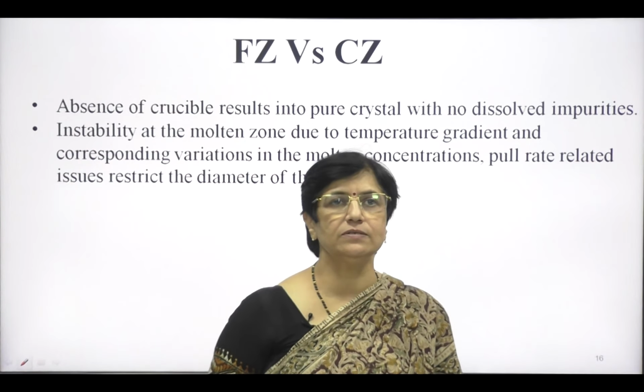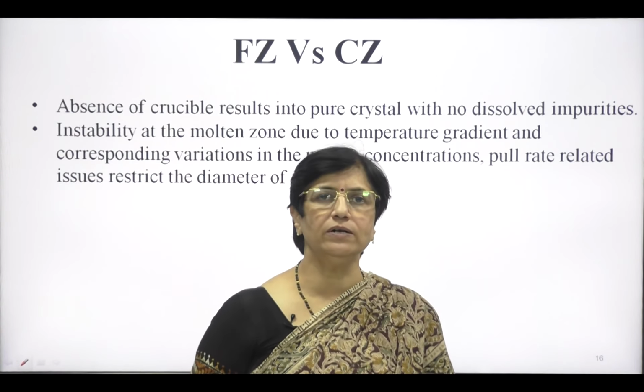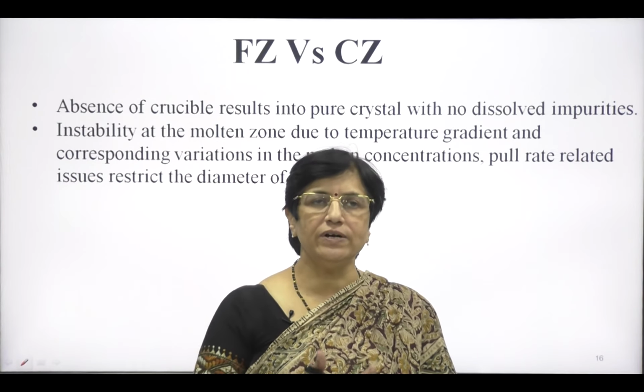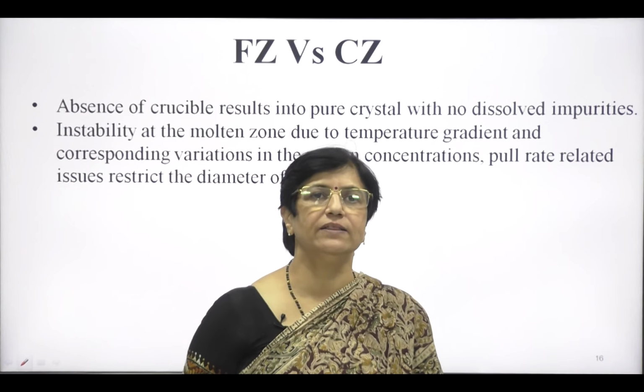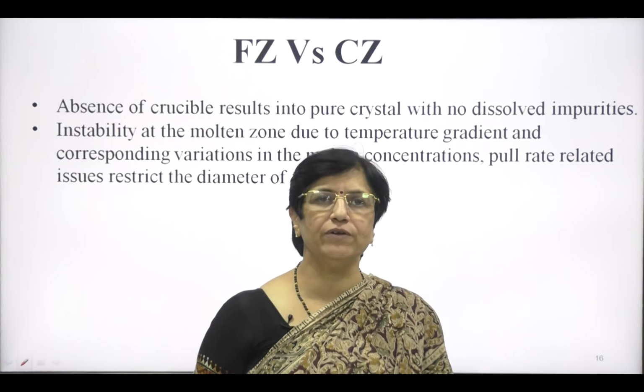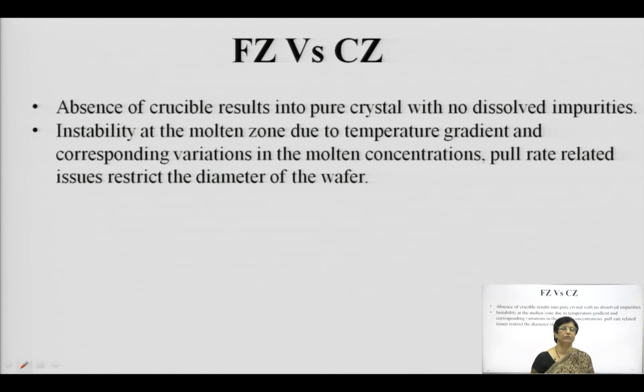The important difference is, again, that in the FZ process, as I told you, there is no crucible involved, and therefore the question of impurities dissolving in the molten silicon does not arise, and you do not face the problems of temperature gradient and corresponding variations in concentration. But there is a lot of precision involved, because there is localized heating: the pull rate and the precise control on the seed crystal holding and contact area, which is decided by the segregation coefficient.